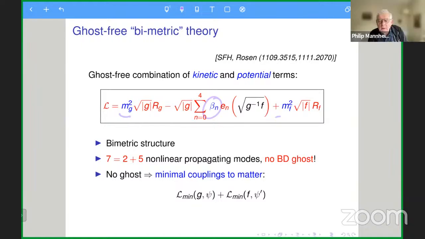Yes. I think what you want to do here is you want a coordinate transformation in the GRG sector to leave it alone, and in the FRF sector to leave it alone. I mean, is this expression coordinate invariant? Yes.